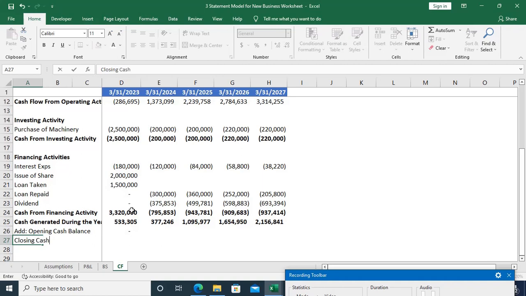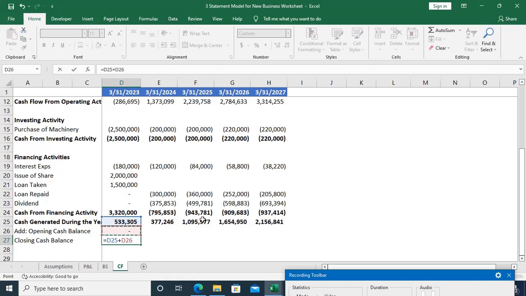Now put closing cash balance. Closing cash balance is equal to cash from financing activities. No, so yeah, cash generated during the year. So this is for the calculation of closing cash balance. So this is the net cash generated during the year.